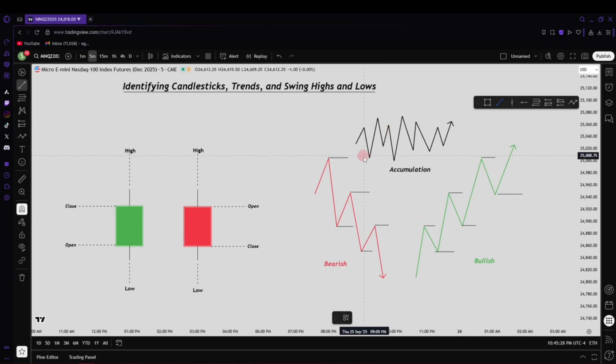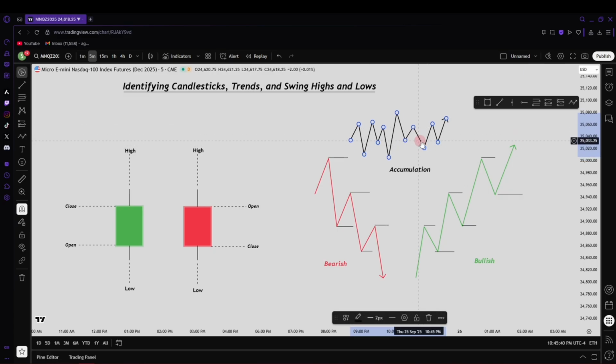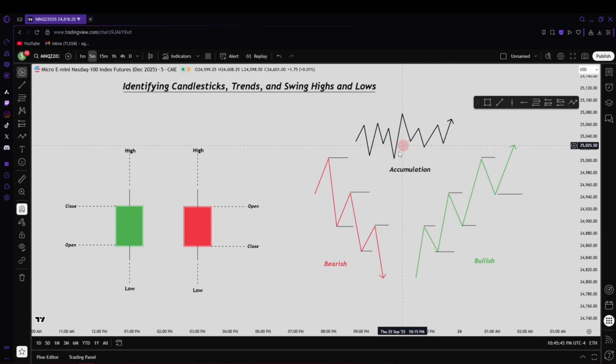Now, in accumulation's case, there are a ton of little swing highs and swing lows, but we don't really count these tiny ones that are inside. And especially if price is in accumulation, we don't want to be doing anything, right? Price is going sideways. We want to be in the market when price is moving down or up, bearish or bullish.